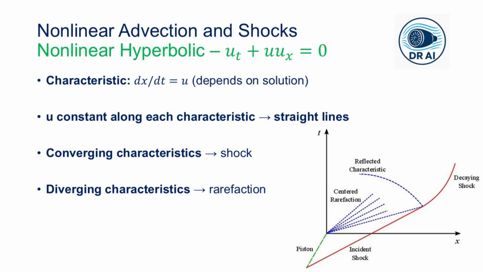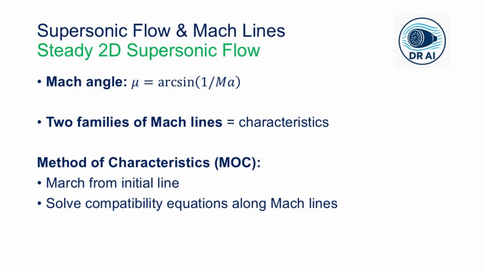So the characteristics are straight lines, but different lines may have different slopes. This leads to characteristic convergence, which means shock formation or discontinuity. Conversely, characteristic divergence may lead to expansion waves or the rarefaction process.